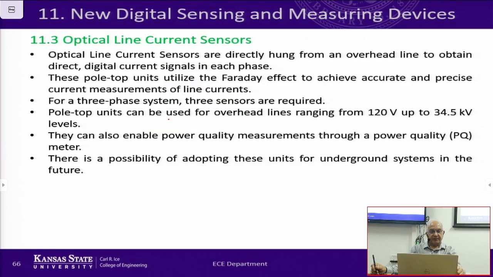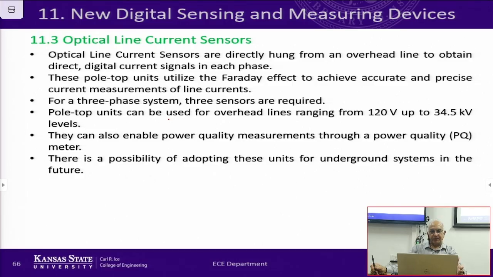In terms of other measurements, optical line current sensor. Now, typically we have current transformers that measure current. And you all know that current transformers are based on magnetic characteristics, and they have nonlinearities, and accuracy is sometimes not that great.